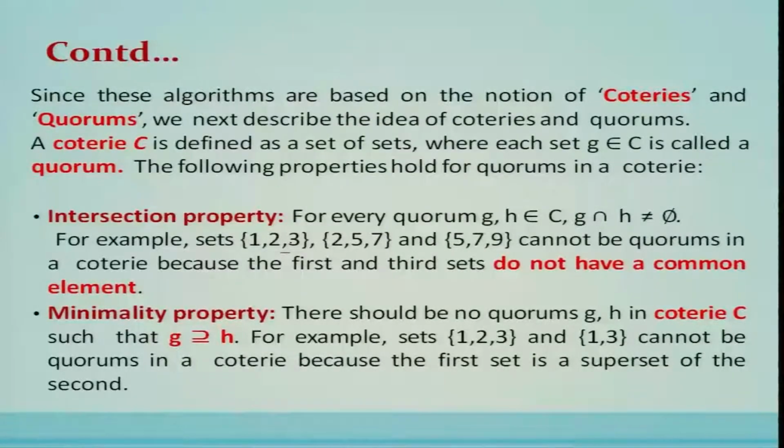Minimality property: there should be no quorums G and H in coterie C such that G is a superset of H. For example, the sets {1, 2, 3} and {1, 3} cannot be quorums in a coterie because the first set is a superset of the second one. So, there are two properties required for the quorum to qualify in the coterie: the intersection property and the minimality property.